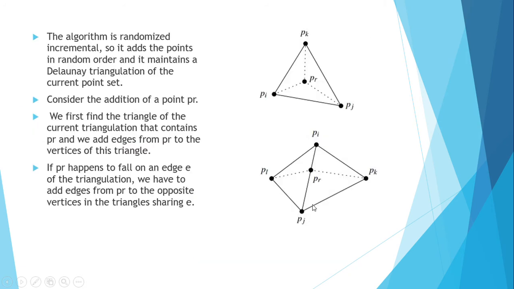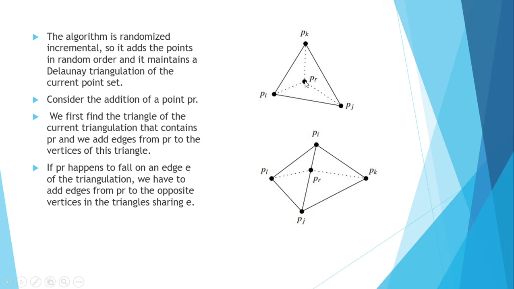Next, if we are given a triangulation, the initial triangulation, we will be adding points to it such that the point can lie either inside a triangle or on the edge of a triangle. If it is inside the triangle, we will be splitting the triangle into three triangles.